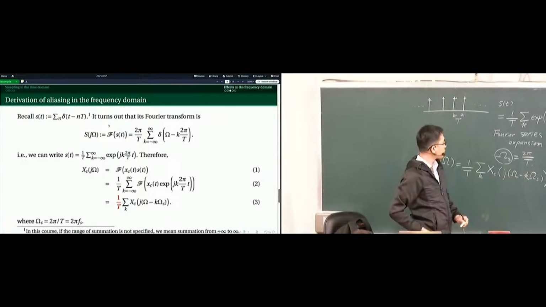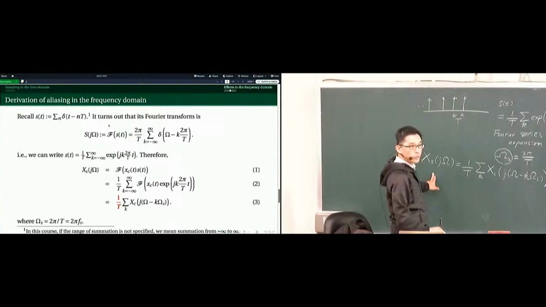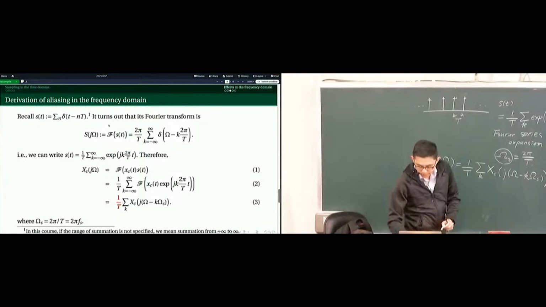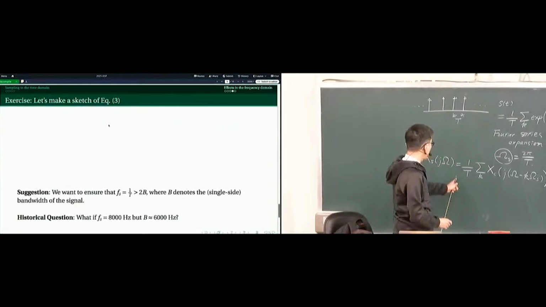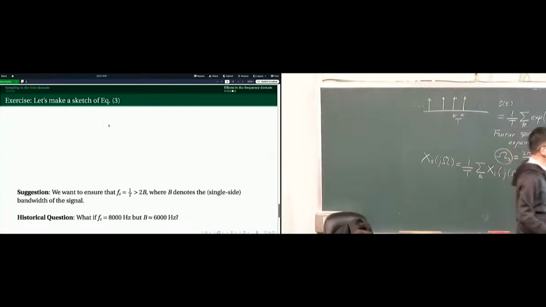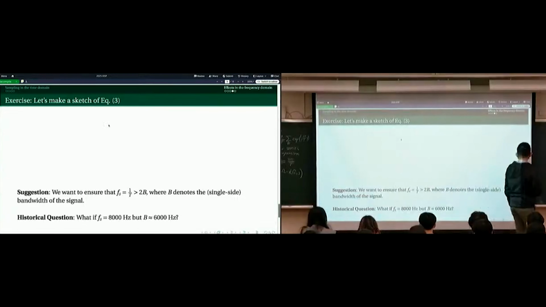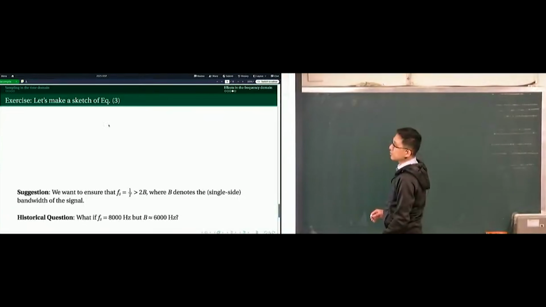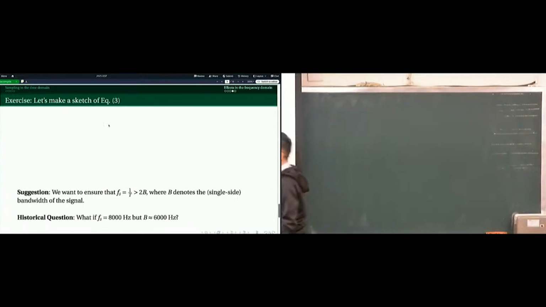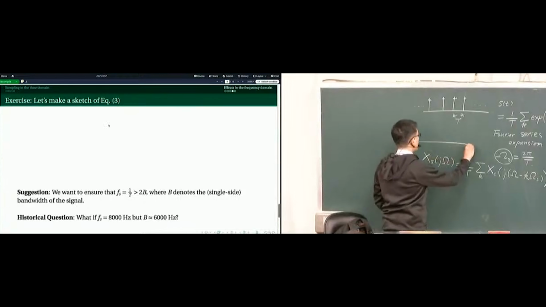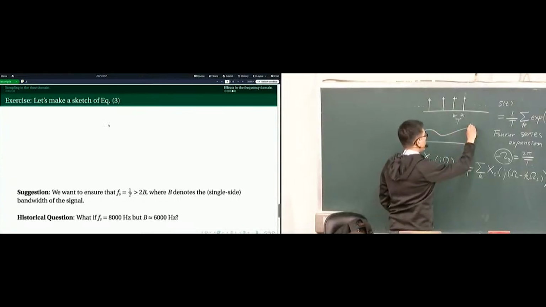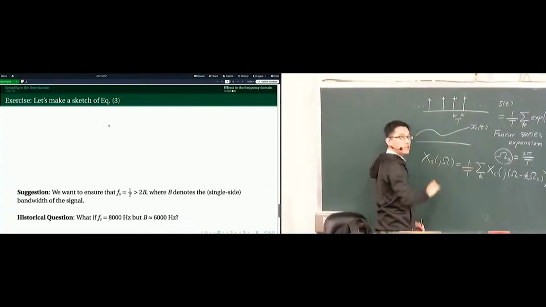Today, let's look at what's going on in the frequency domain by sketching. Let's make a sketch of this equation 3. I'm going to use this part of the board. But before I do that, let's also draw a sketch of the signal of our interest, denoted x sub c, where c stands for continuous.